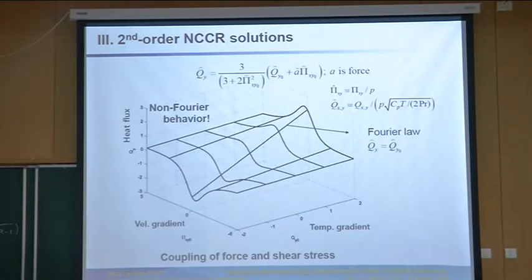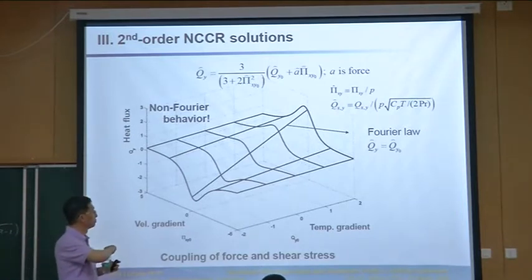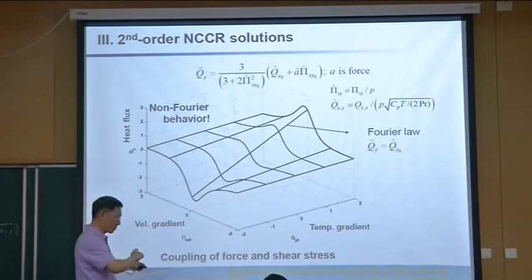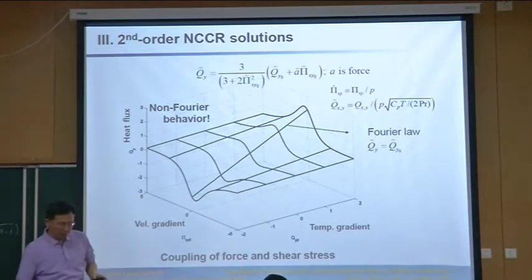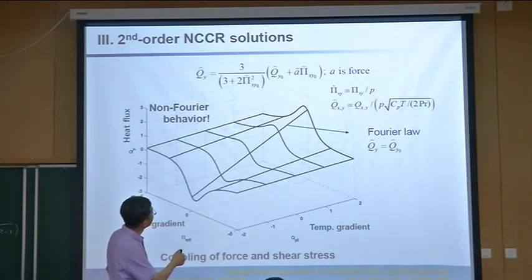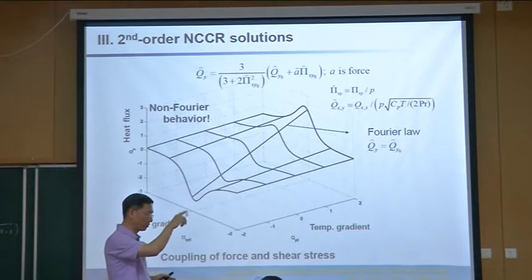Okay, this is the non-Fourier law, trying to visualize it in three dimensions. So the previous non-Fourier law can be written as this one. This part is about, remember, the shear viscous stress is 3 over 3 plus 2, something like that.